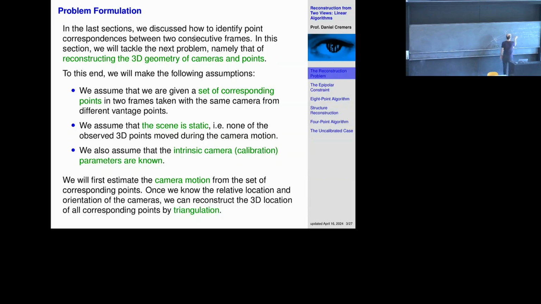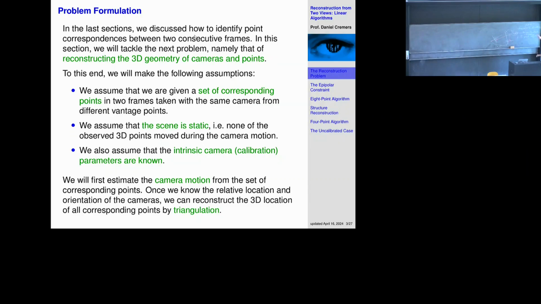Now whether SLAM and structure from motion are the same or not depends on who you ask. I would say it's roughly the same, but last night, for example, I read a PhD thesis, and the author argued that SLAM more often refers to the setting where you have a moving camera, where the motion from one frame to the next is incremental, and you typically have small movements of the camera.